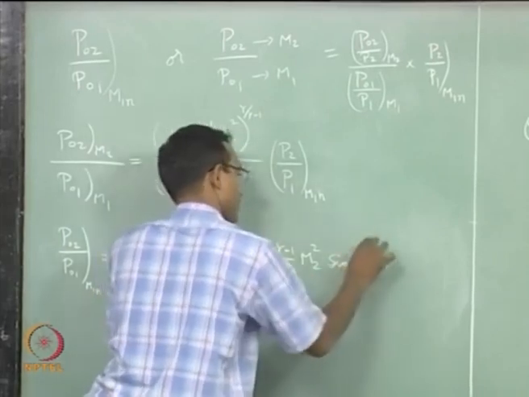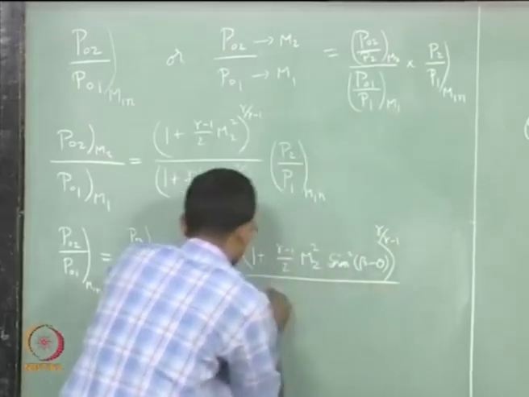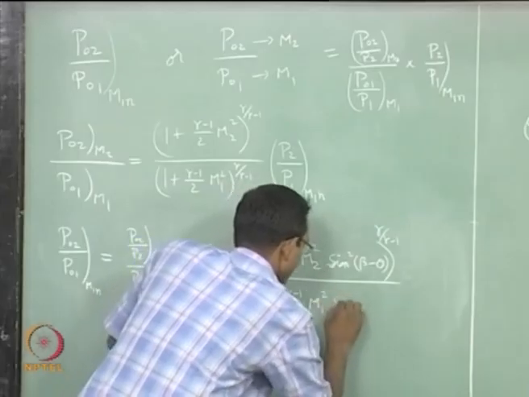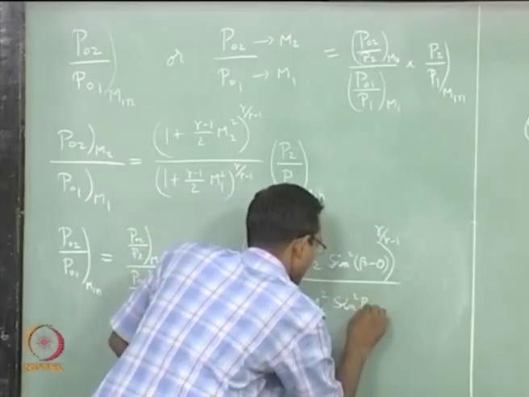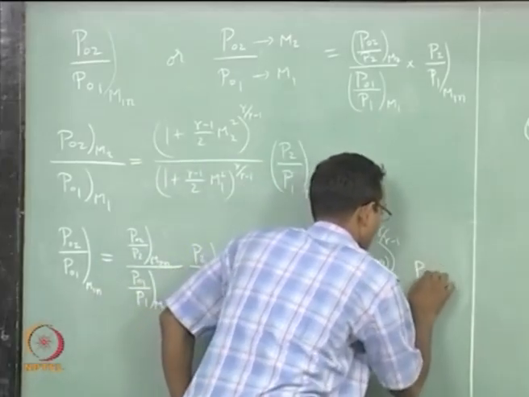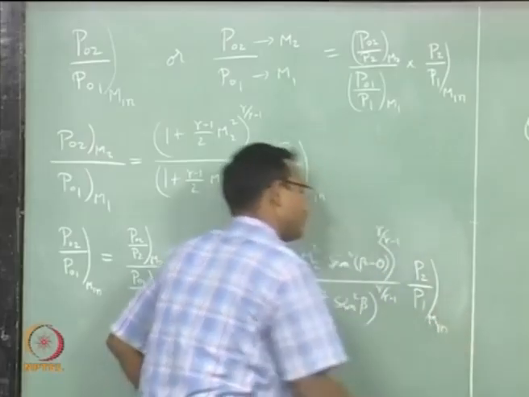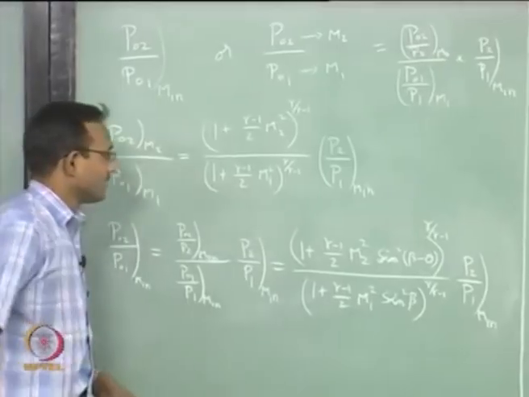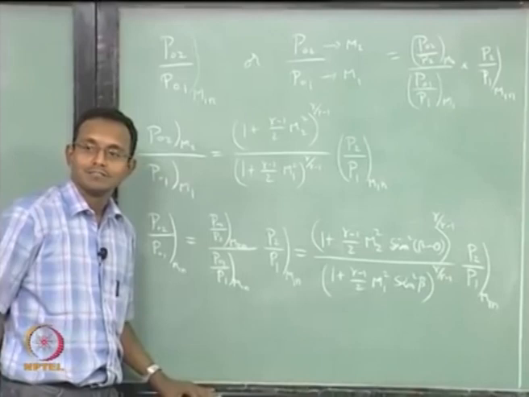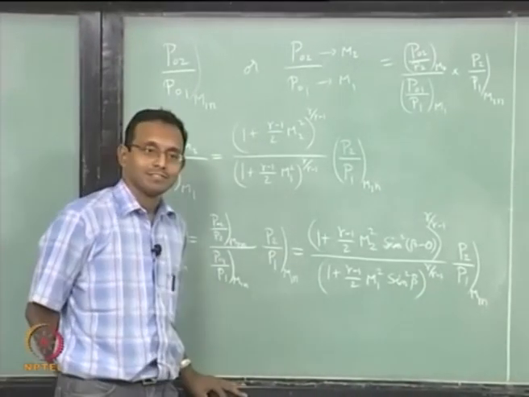Whole to the power gamma by gamma minus 1 divided by 1 plus gamma minus 1 by 2 M1 square sine square beta to the power gamma by gamma minus 1 multiplied by P2 by P1 at M1 normal. This is what I have. If I look at the expressions, there is no connection between these really. They should be very different, right, that is what we see.